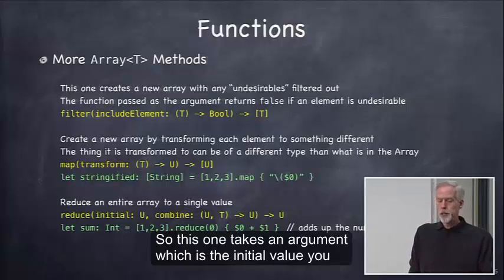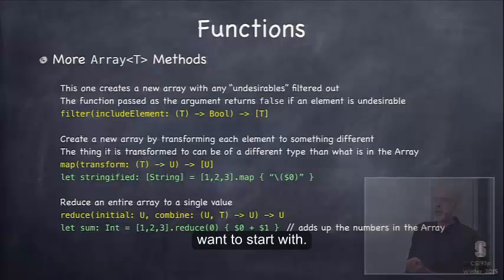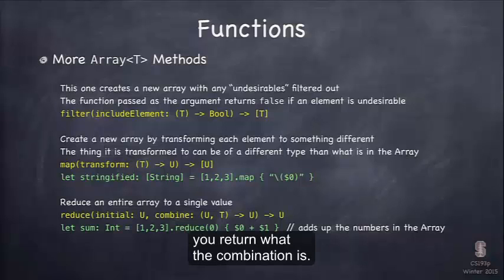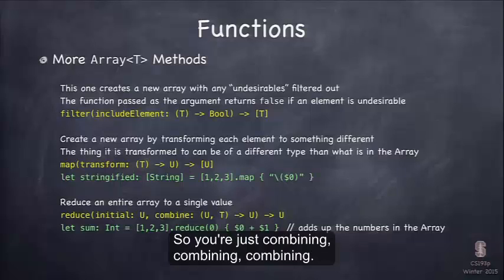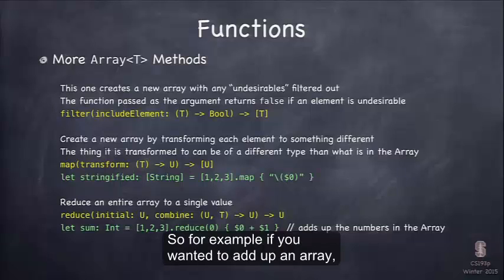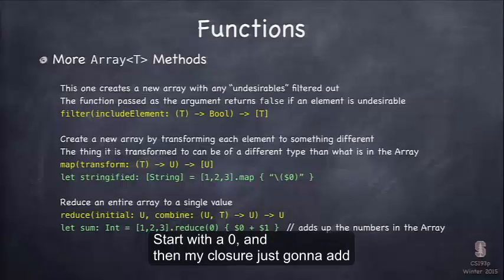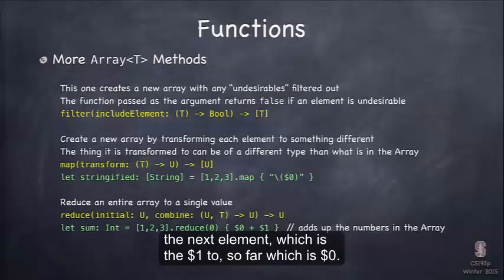This one takes an argument which is the initial value you want to start with, and then it takes a function that takes the value so far and the next element in the array, and you return what the combination is. So you're just combining. For example, if you wanted to add up an array, you could say [1, 2, 3].reduce, start with a 0, and then my closure is just going to add the next element, which is the $1, to so far, which is $0.